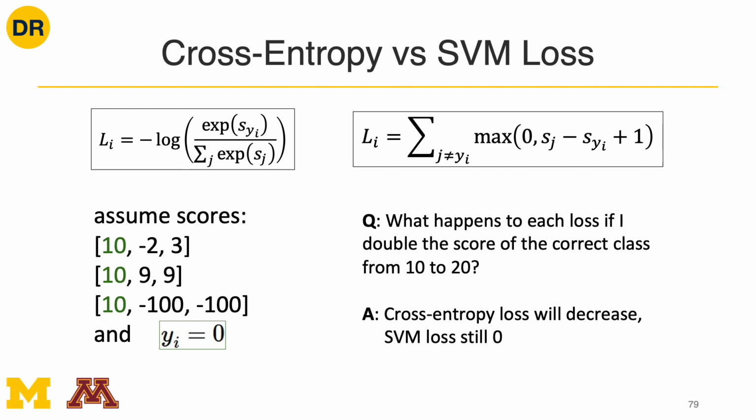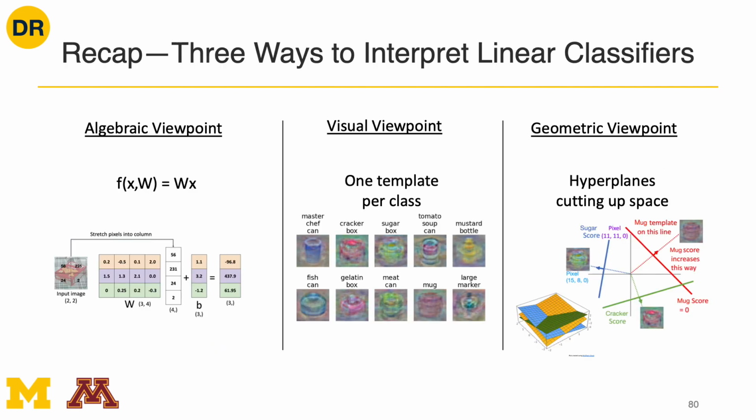Okay, to recap, because we're running out of time, we looked at 3 different viewpoints that we could use to interpret the linear classifiers we're going to be building in project 1, from the algebraic viewpoint to the visual viewpoint, where we had those templates and treated the overall linear function as a template matching operation, up to the geometric viewpoint with hyperplanes in this high-dimensional image space.